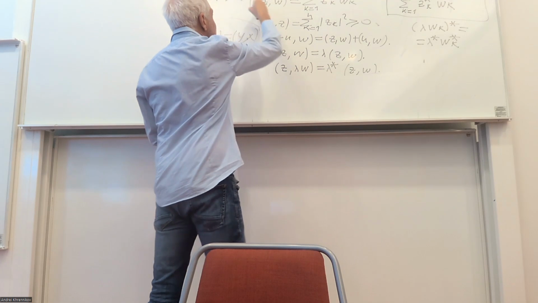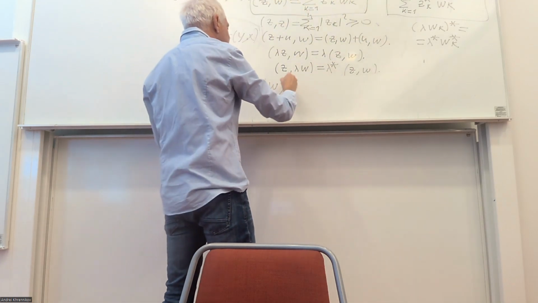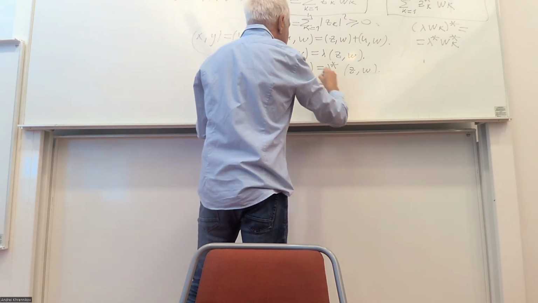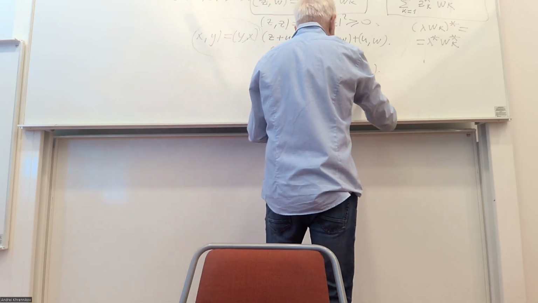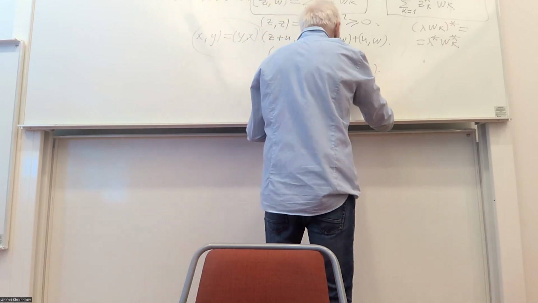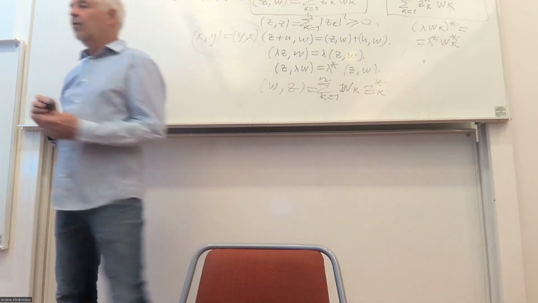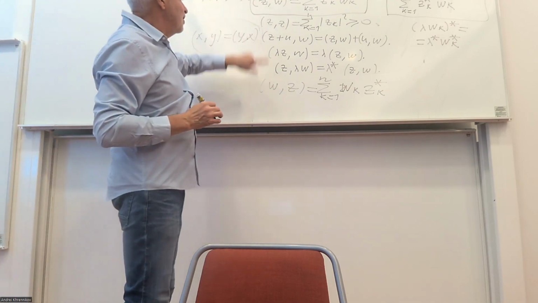So this is (z, w), and let us write (w, z). It would be the sum for k from 1 to n of w_k z_k star. So how are they related, this one and this one?